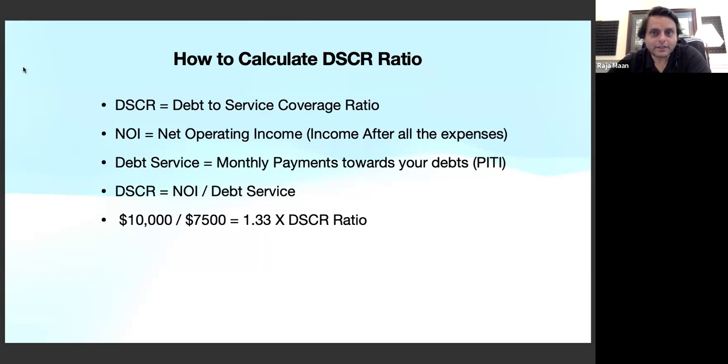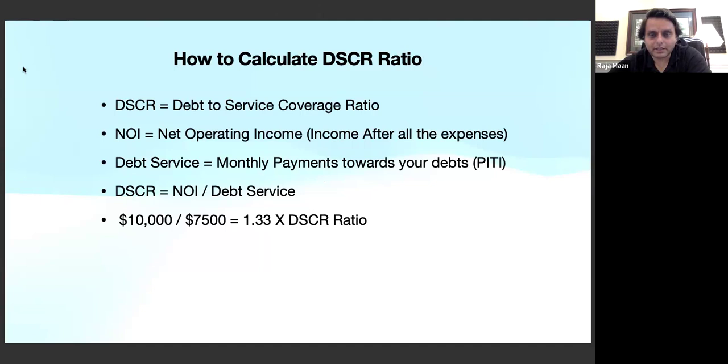How to calculate the DSCR ratio? It is a pretty simple formula. DSCR, debt service coverage ratio, is NOI, net operating income, divided by debt service. Net operating income is total revenue minus all the expenses.